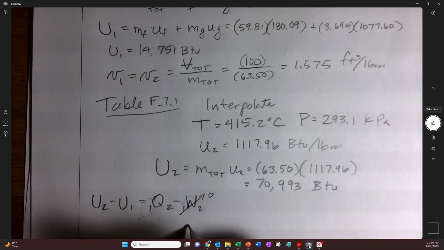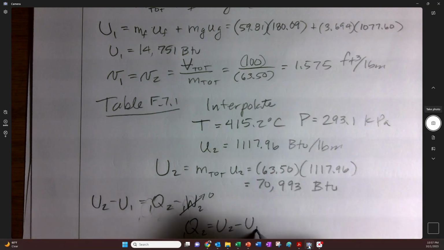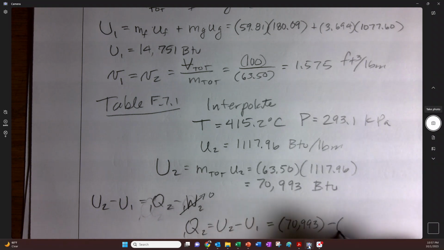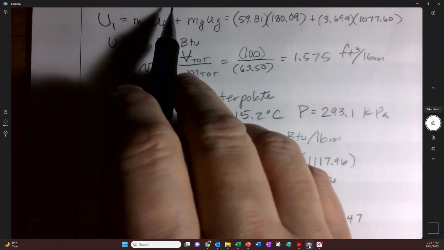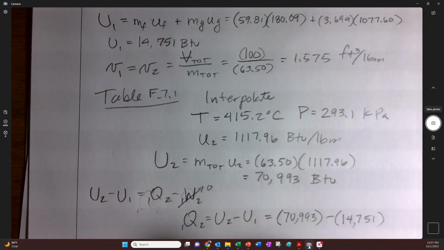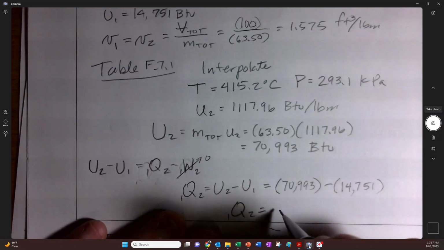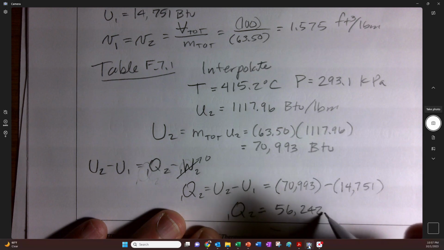So Q from 1 to 2 is just going to be U2 minus U1, which is 70,993 minus 14,751. So here's our answer: 56,242 BTUs.